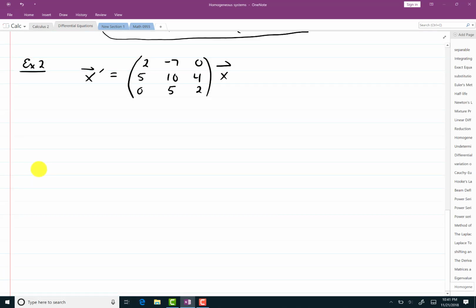And as before, let me first do the eigenvalues. So I'll have 2 minus lambda. The only entries that have a minus lambda are the diagonal entries. And we set that determinant equal to 0.